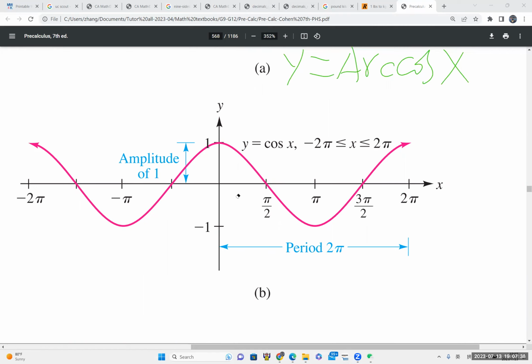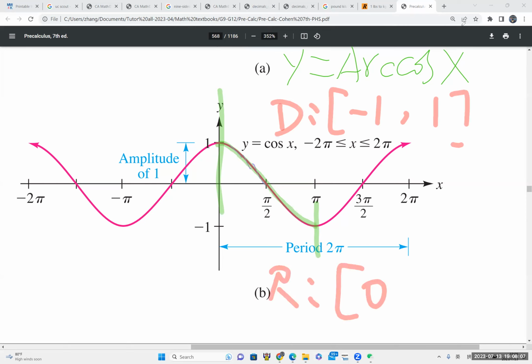This is what happens in a right triangle. Now it's correct, so it's from here to here, okay? Then again, for arc cosine, its domain is from negative 1 to 1. Its range is from 0 to pi, right?